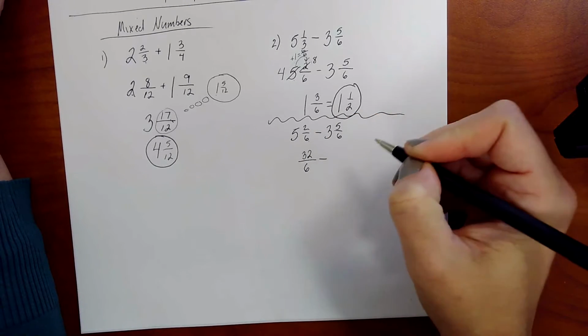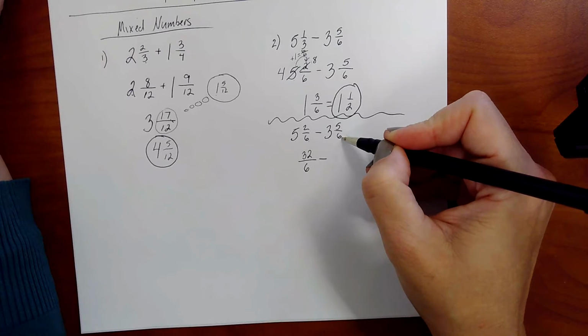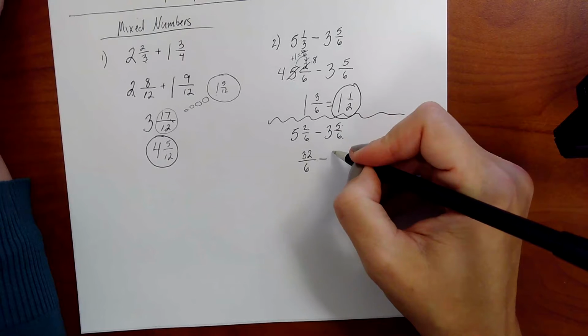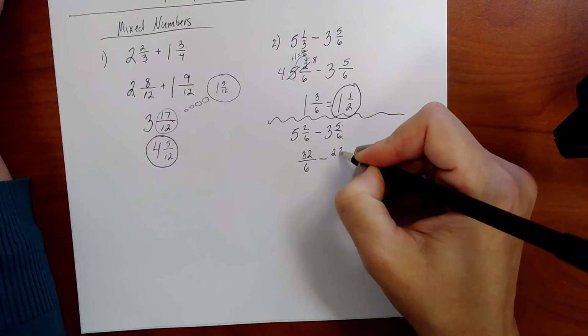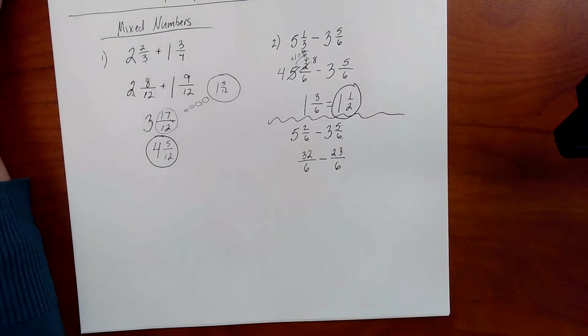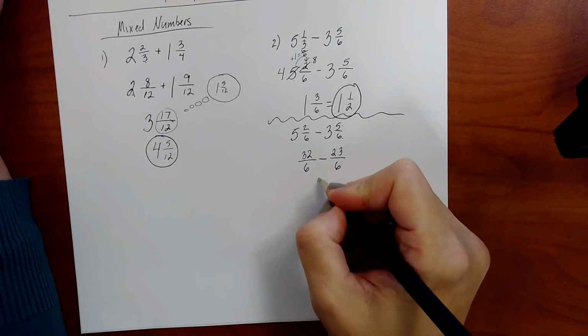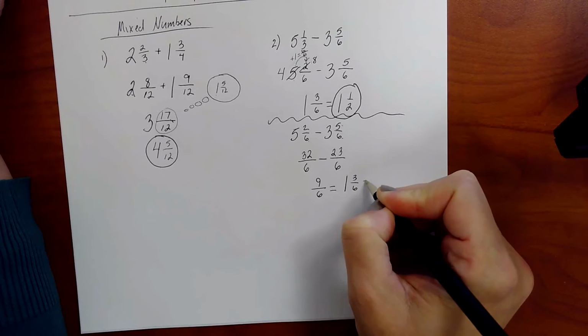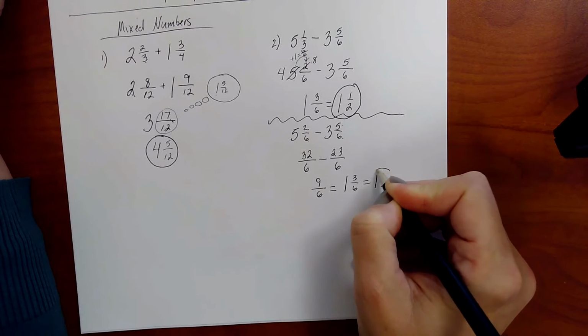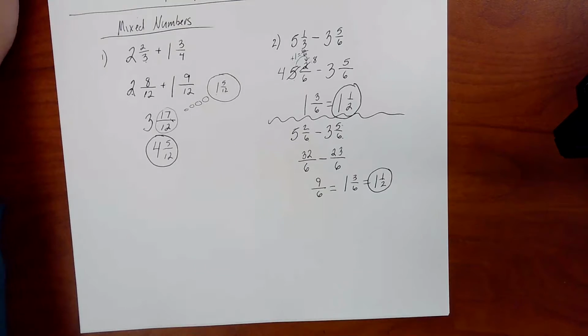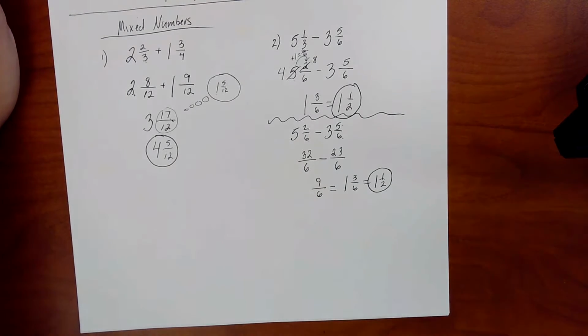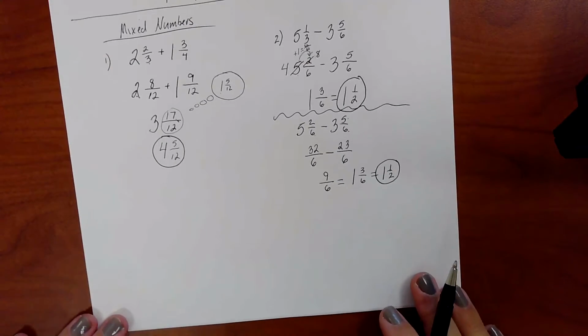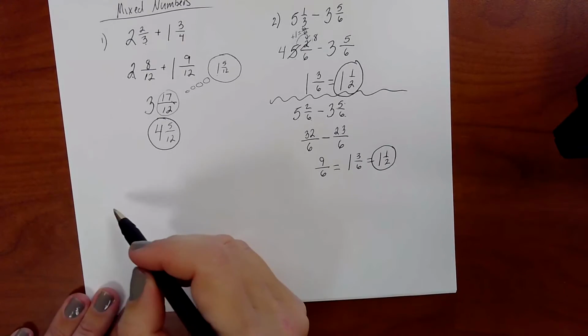Keep the denominator. 3 times 6 is 18. 18 plus the 5 is 23. And then you can subtract. 32 minus 23, that's 9. And there's going to be your same answer. Okay, so you can avoid the borrowing if you want to. All right, hopefully that makes sense.